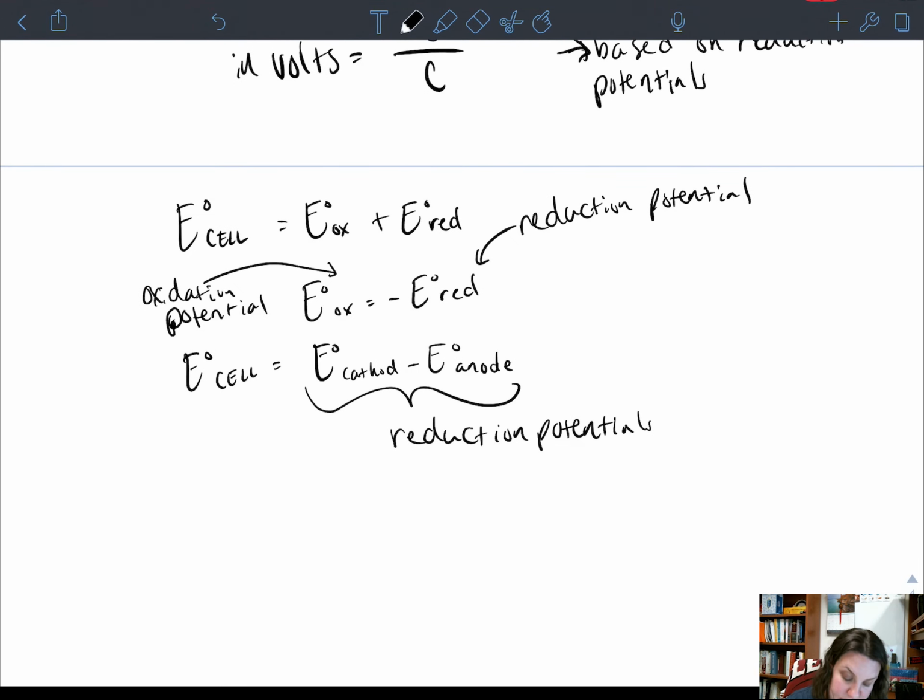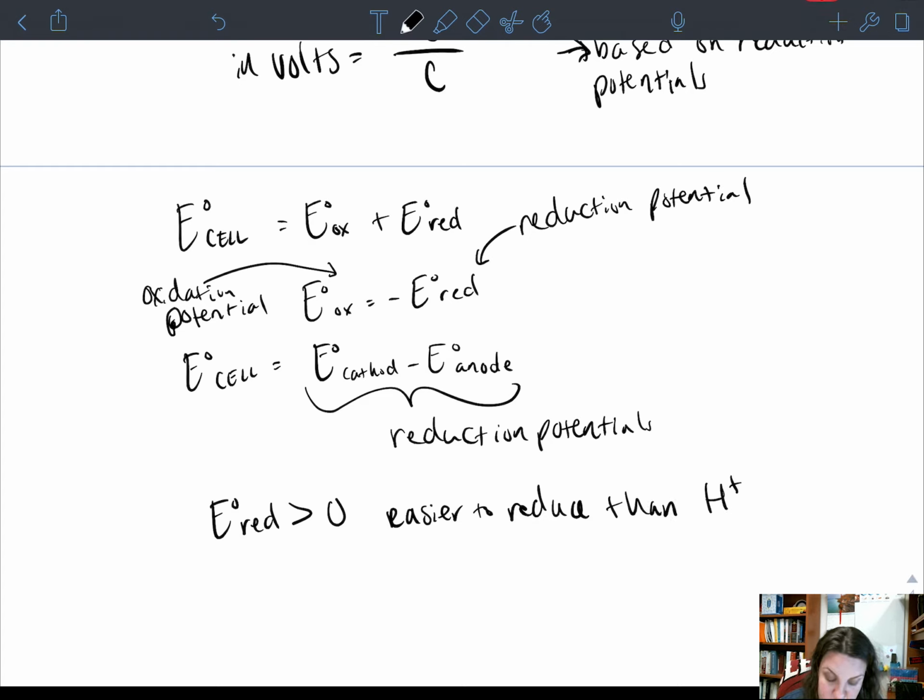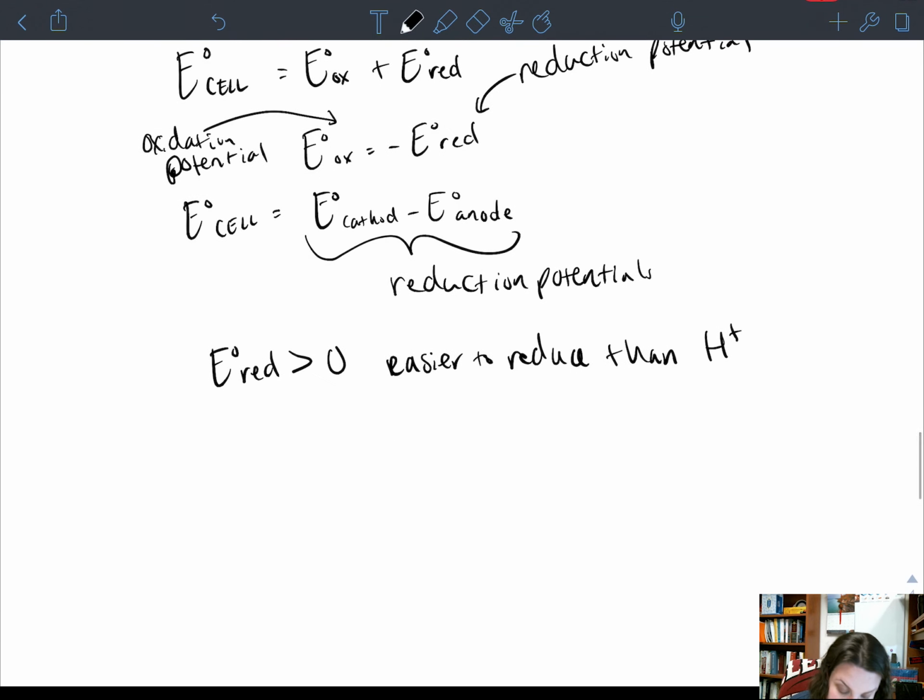So, if we have a reduction potential, it talks about how easy it is to reduce. So, if this value is greater than 0, it is easier to reduce than hydrogen, than H+. If our reduction potential is less than 0, it means it's harder to reduce than H+.